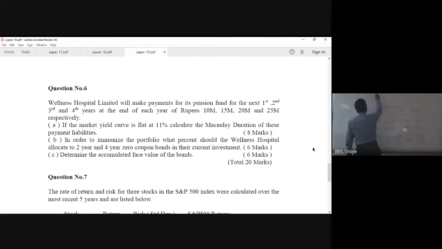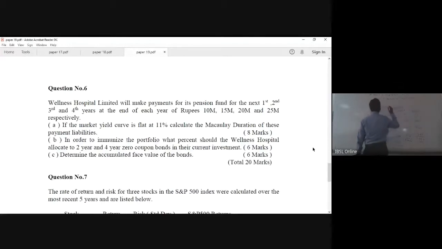Assume in the immunized portfolio, we have alpha percent of 2-year bonds and 1 minus alpha percent of 4-year bonds.